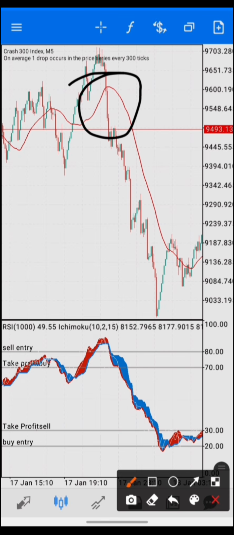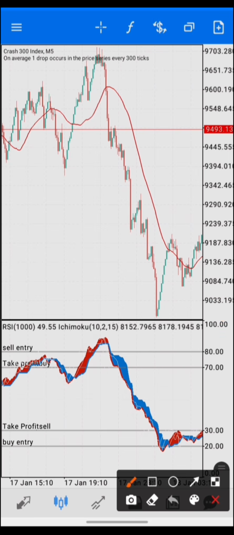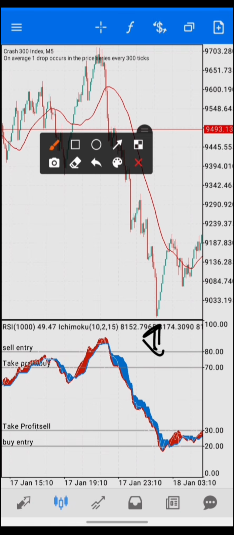That's when we use indicator window 1 right here. What happens on indicator window 1 is this zone is the zone where we look for selling opportunities. Okay, zone 80 to 100, that's the zone where we look for selling opportunities. And when we are looking for buying opportunities, we check this zone 0 to 20.